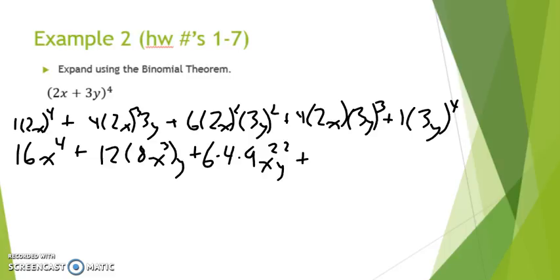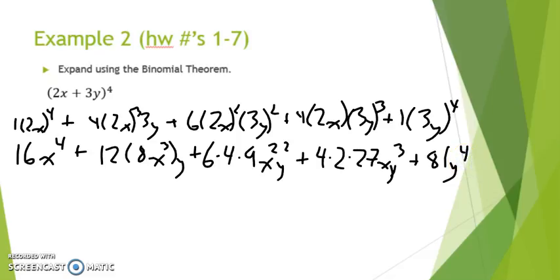Then I'm going to have 4 times 2 times, this last piece is going to be 3 to the third power, which is equal to 27. And then that'll be x to the first, y to the third. And then the last piece, 3 raised to the fourth power, is going to equal 81.